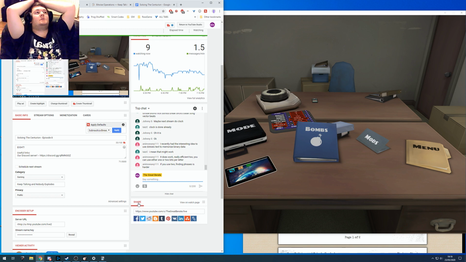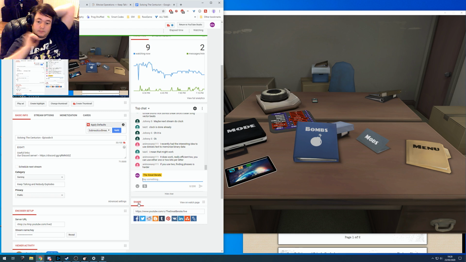So hexamaze is one, adjacent letters is one, and who's on first is one. If modules are ready to start being practiced, then I'll save those for stream and we'll go through them.